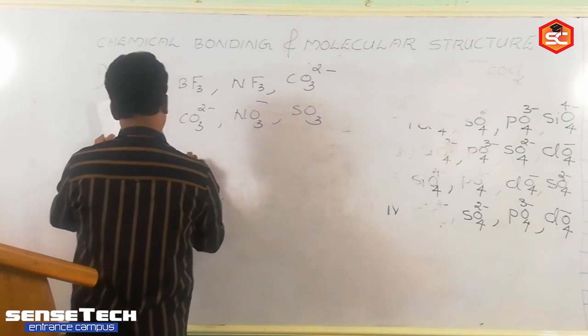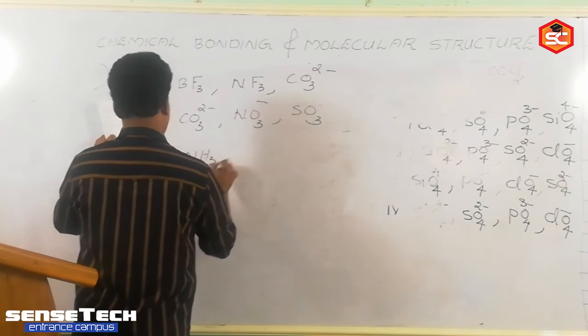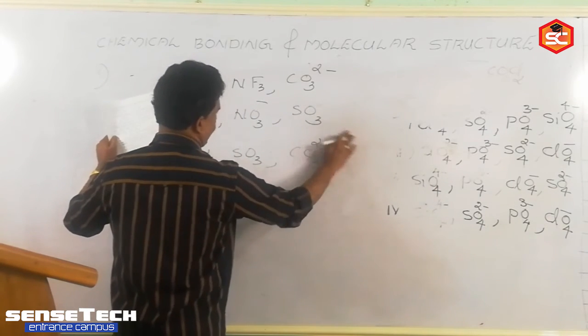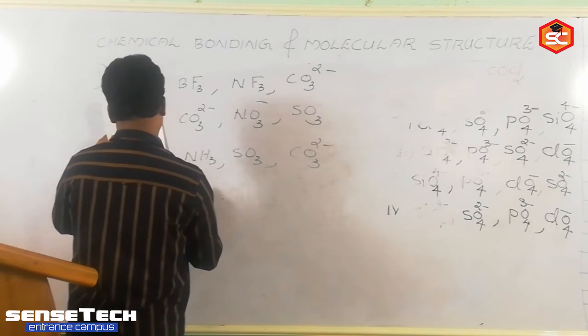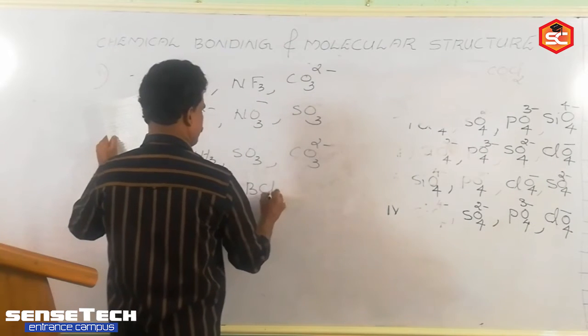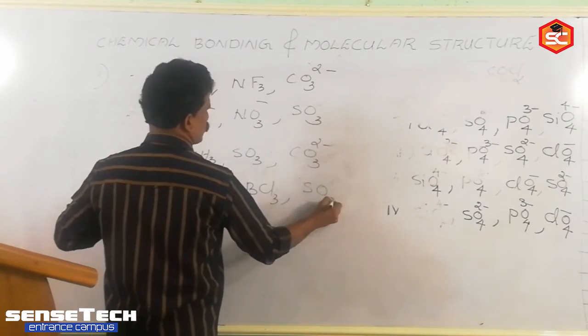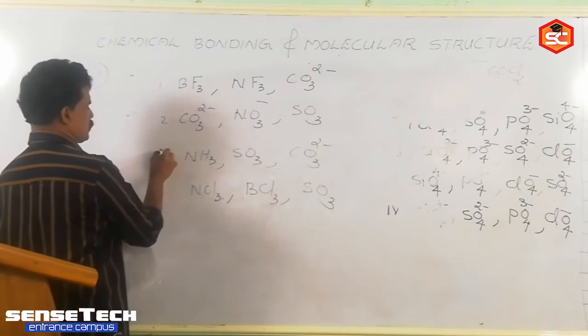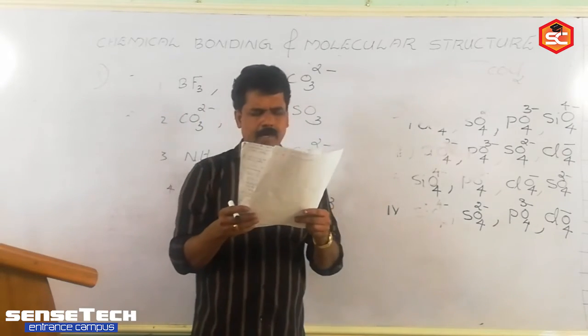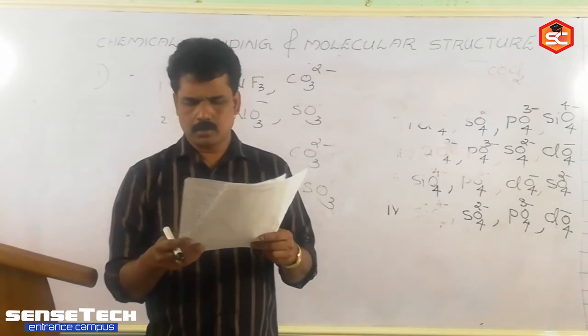You just arrange the molecules NH3, SO3, CO3 by lone pair and bond pair. Based on that you can write NCl3, BCl3 and SO3. These are the 4 options. And the question is, the group having trigonal planar structure.